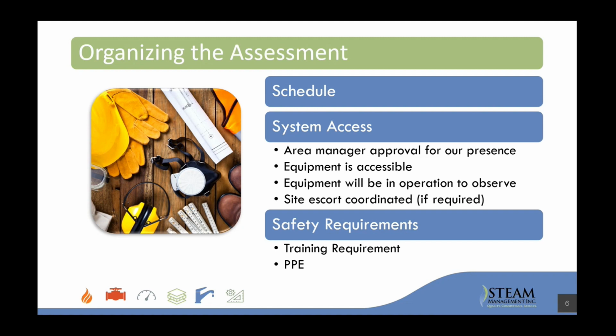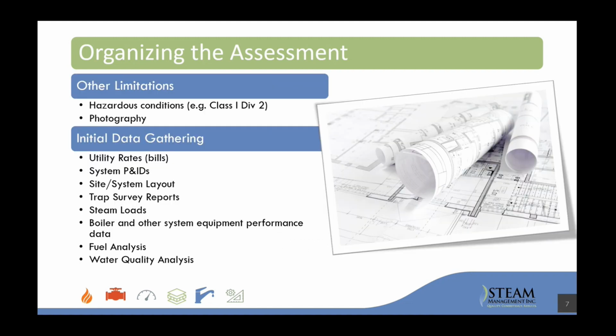Yeah, so proper PPE is important. There's other limitations I mentioned. It could be hazardous conditions on the site. Like you'll hear Class 1 Div 2. That means that gas or explosive gases may be present in the site. Class 1 Div 1 is gases are definitely present in the site at all times.